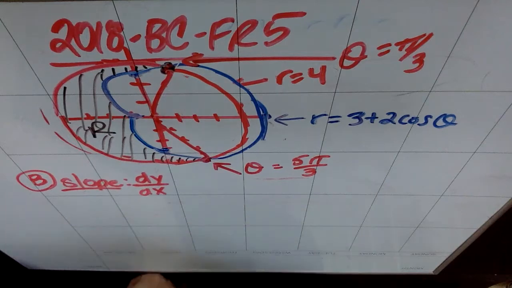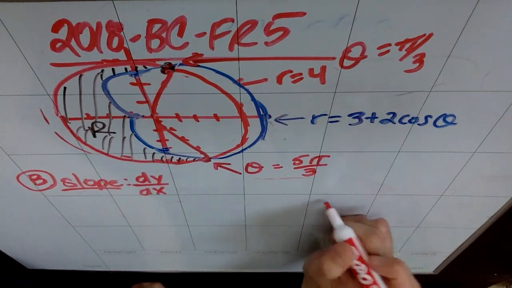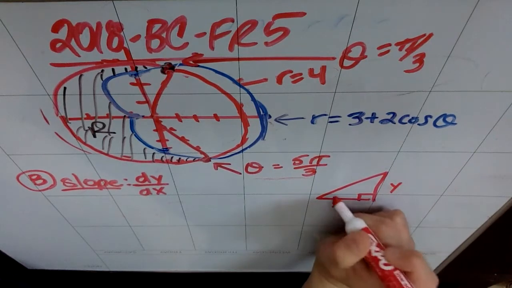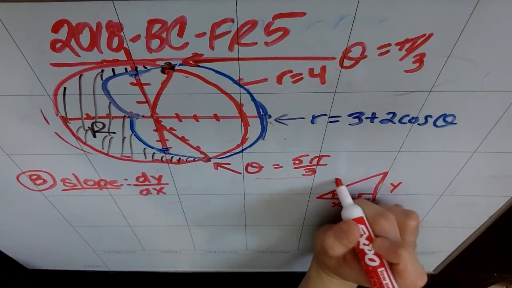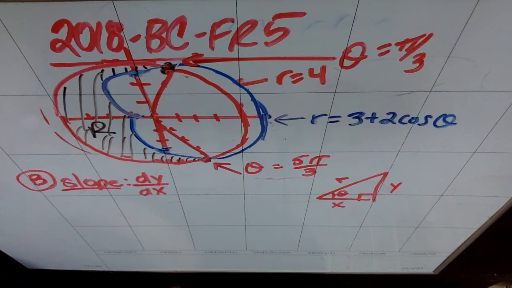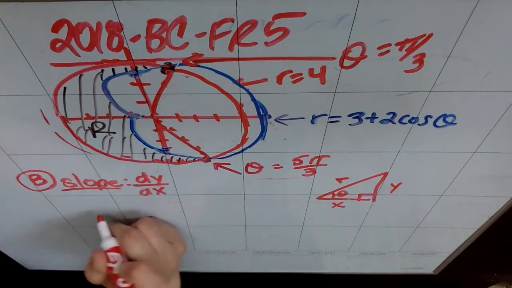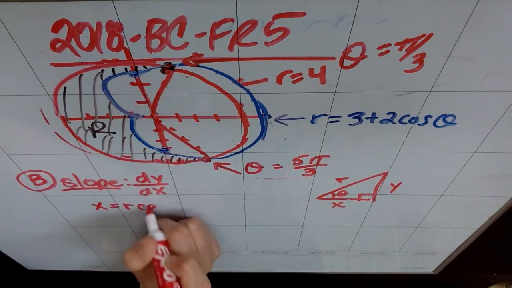So what I need to do is use the formula we know to convert between polar and rectangular coordinates, which is really just using SOHCAHTOA, right? So cosine of this theta would be x on top of r, so x equals r cosine theta.